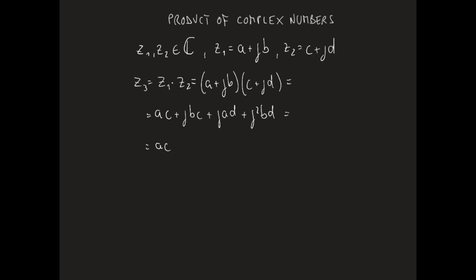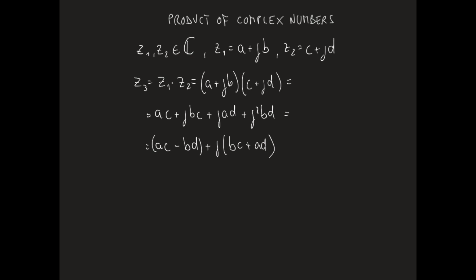which is equal to ac minus bd. Recall that the square of the imaginary unit is minus 1. Plus j(bc plus ad).